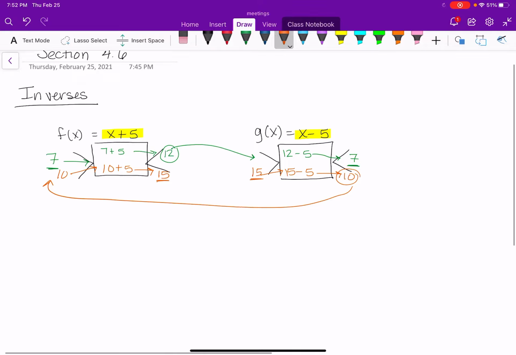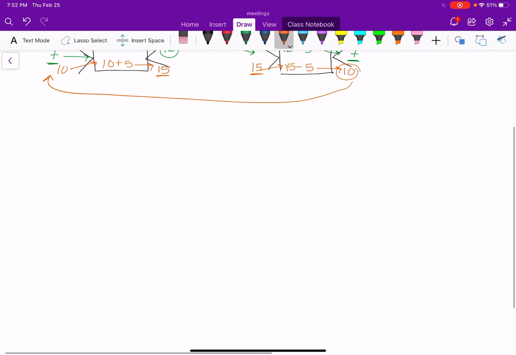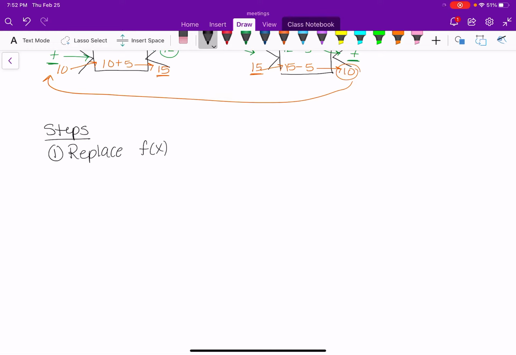In order to do that, we have a couple of steps. When we're doing this with equations, the first thing we're going to do is replace the f of x back with y. It doesn't have to be f of x. It could be any letter, v of x, p of x, h of x, whatever the of x is, we're going to replace with y.